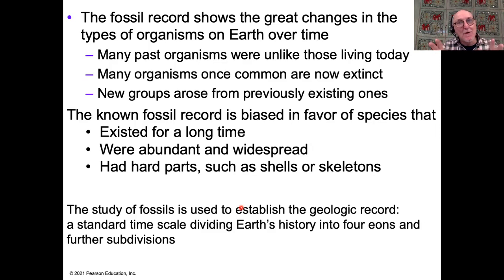But many very important organisms don't have any of that. There are many invertebrates which have been extremely important in evolution, in macroevolution, of which we have virtually no record at all. Soft parts are seldom fossilized, except under very, very special circumstances.